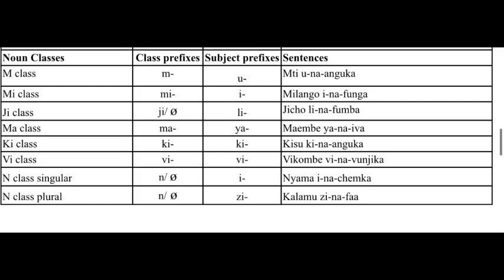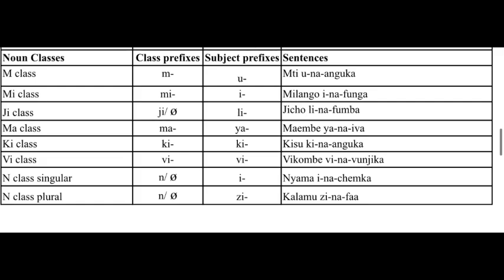It goes with I. Class 5, which is the Ji class, goes with Li as the subject prefix. We have class 6, Ma. It goes with Ya as the subject prefix. We have the Ki class for class 7, which goes with Ki as a subject prefix. We have the Vi class, which is class 8, which goes with Vi. And then we have class 9, N, which goes with I, and class 10, N, which goes with Zi.